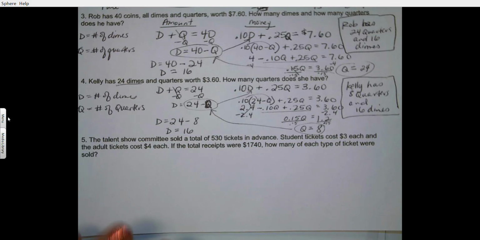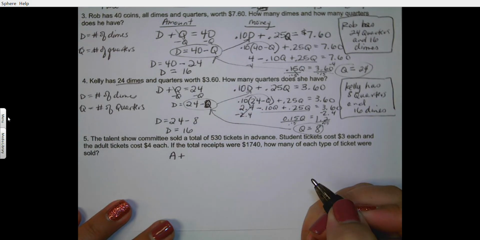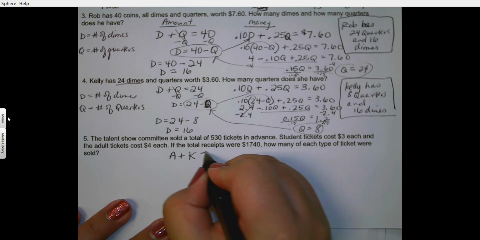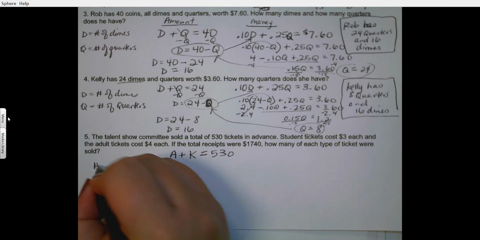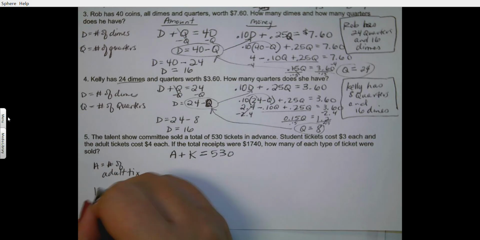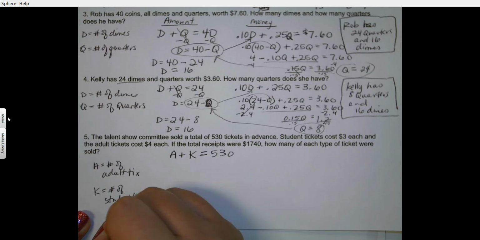So I have adult tickets plus student tickets. I'm going to actually use a K for kid tickets because S is confusing. And I sold 530. So A is the number of adult tickets, and K I'm using for the number of student kid tickets.